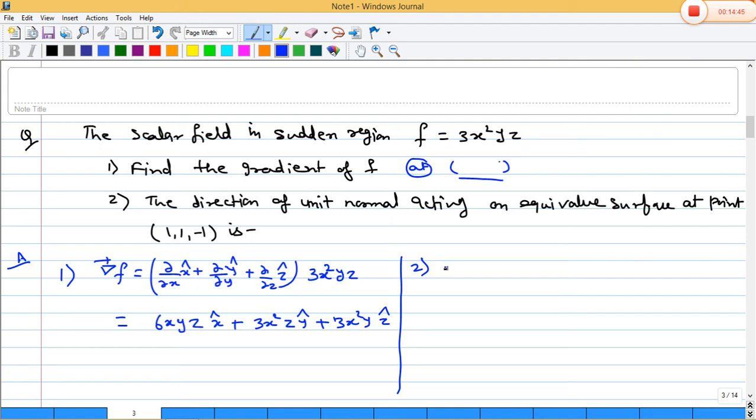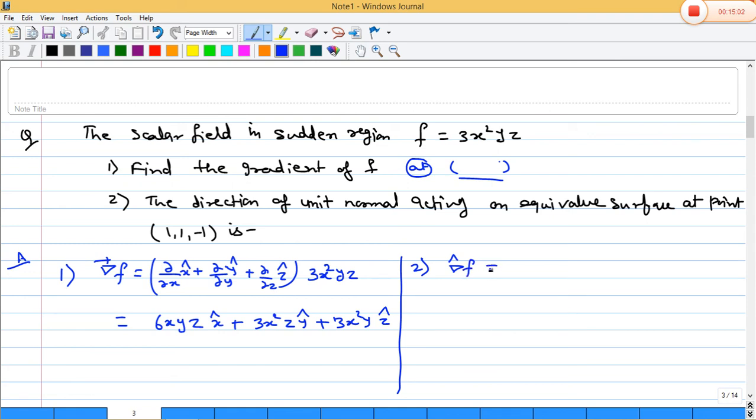So the unit normal acting on the equivalent surface at this point. First of all, the direction of unit normal is the gradient divided by the magnitude of the gradient, that one we have to find.